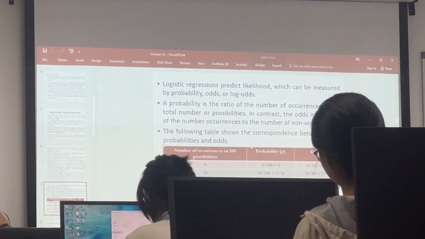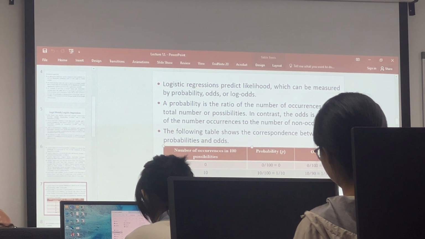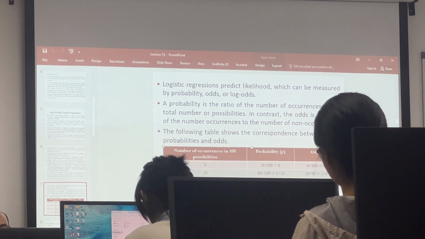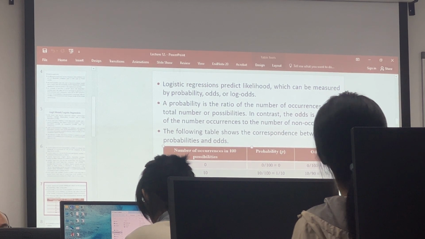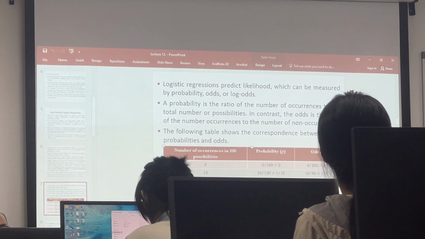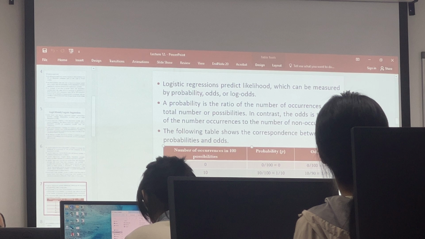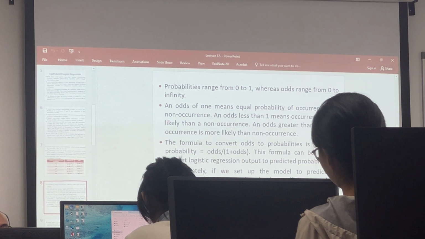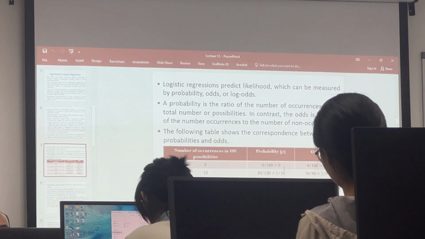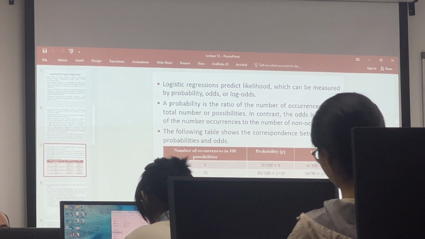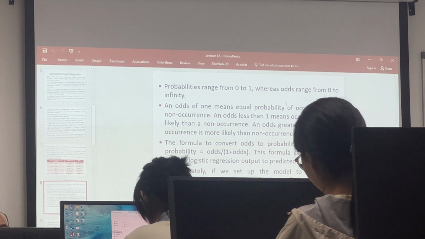So see the difference: the probability is 50%, or 0.5, but the odds is 1. This means that if the odds equal 1, there is equal probability of getting the two outcomes. Probability ranges from 0 to 1, whereas odds range from 0 to infinity.